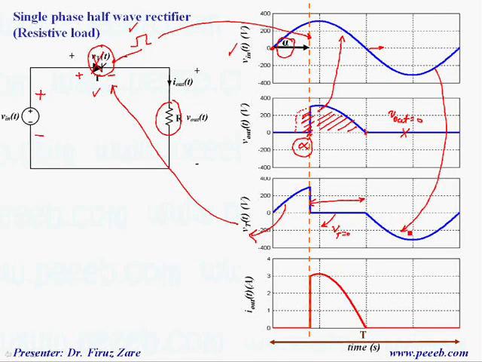So this is the voltage across the thyristor. The output current depends on load impedance, because current is voltage divided by load resistor, and you can see that the current waveform is similar to the voltage waveform because we have a resistive load.